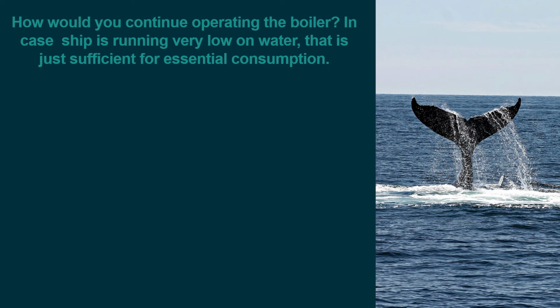So next, how would you continue operating the boiler in case ship is running very low on water that is just sufficient for essential consumption? There may be cases where you run out of water but still you require it for operational purposes.